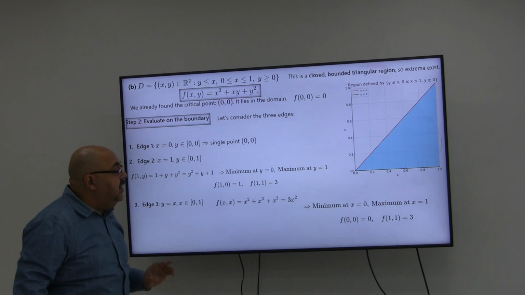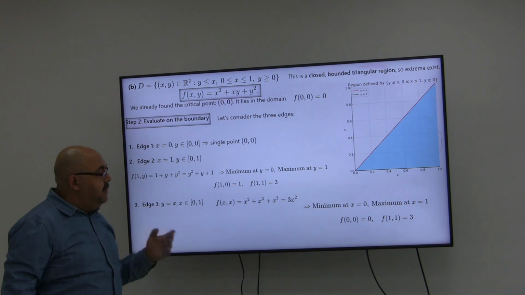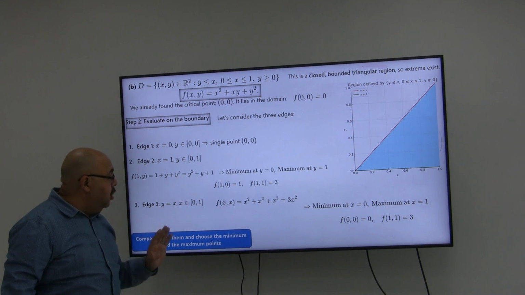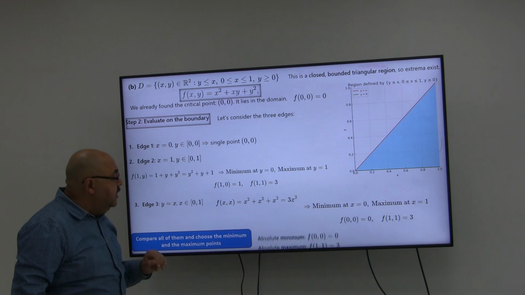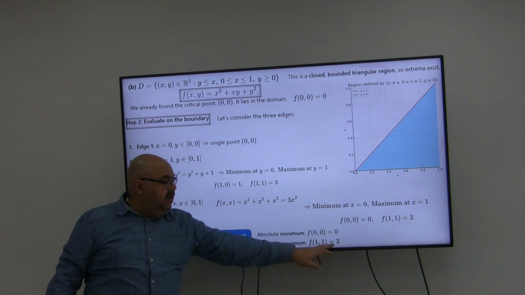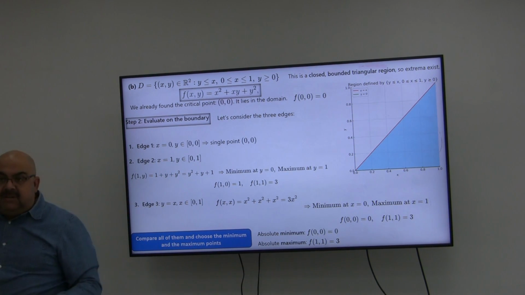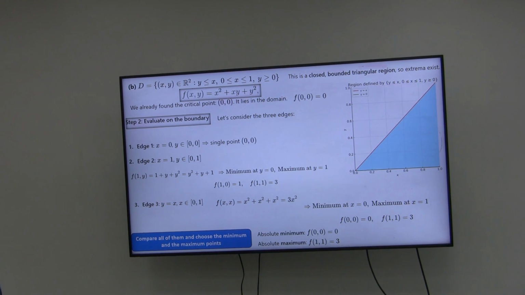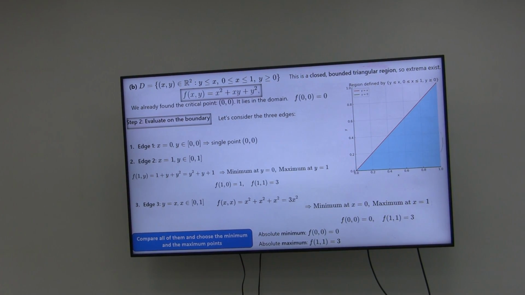Now I identified the points of the maximum and minimum. According to this remark, 0 is the absolute minimum, and at 1 and 1, this is going to be the absolute maximum. In this discussion, I found the absolute maximum and the absolute minimum because the region is compact.